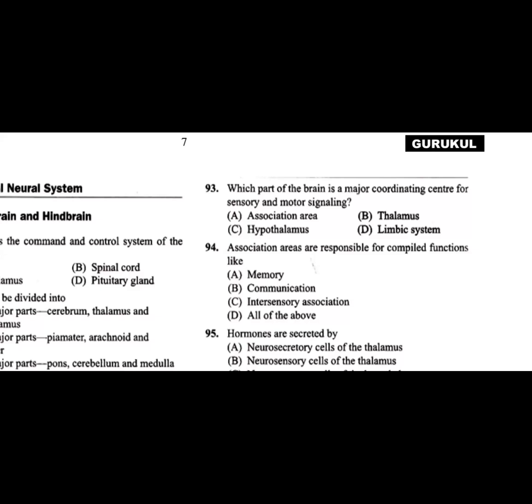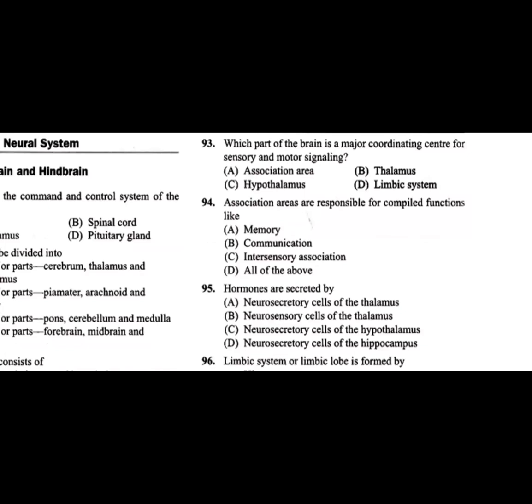So question number 93, the major part of the brain which can coordinate the sensory and motor signals is thalamus, students. Question number 94, association areas are responsible for complex functions like. What functions can association areas perform?